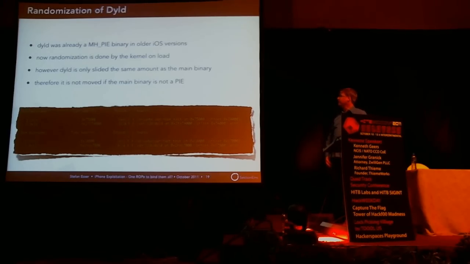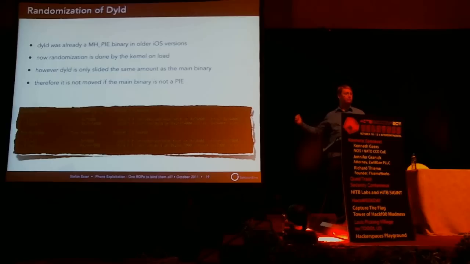When we look at the dynamic linker, it was always a binary with location information, so it would have been possible to move it around, even in old versions. But the kernel didn't do that. Nowadays, the kernel will randomize on start of an executable. However, the dynamic linker is only slid if the main executable is slid, and only by the same amount. So if the main executable is moved by 4 kilobytes, then the dynamic linker is also moved by 4 kilobytes.